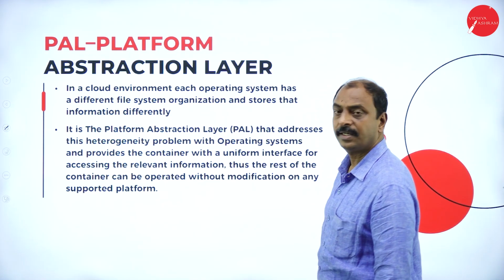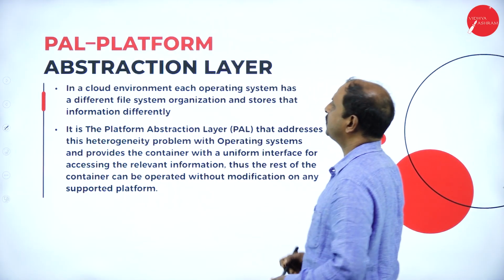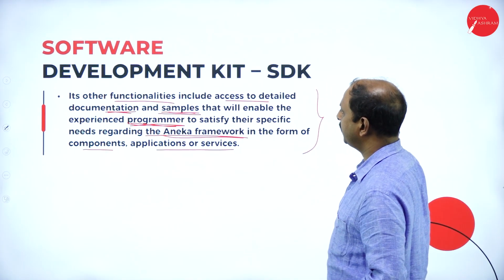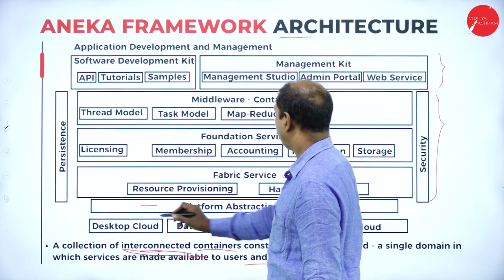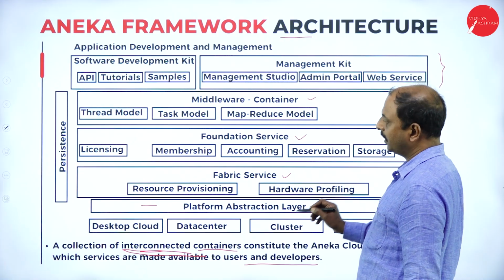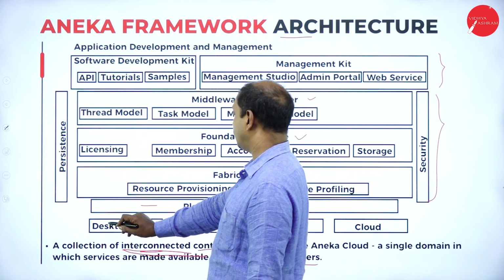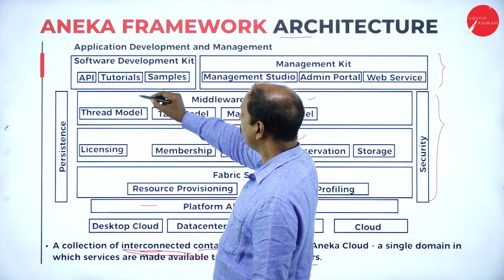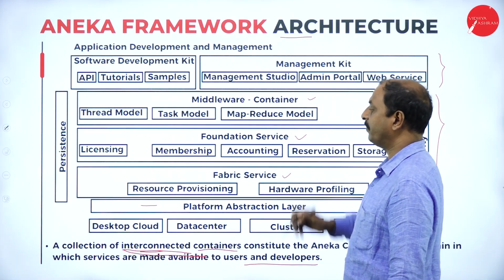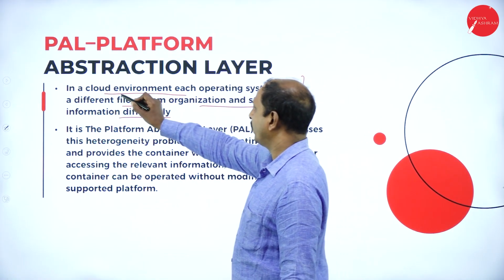In the next slide, we will see what is PAL, that is Platform Abstraction Layer. That is what we have seen in the architecture. This is the Platform Abstraction Layer. It is the interface between the infrastructure layer and the Aneka framework, that is the middleware. The PAL is in a cloud environment.